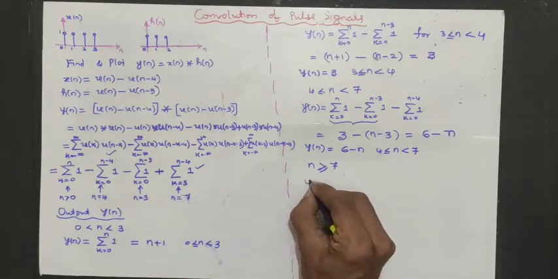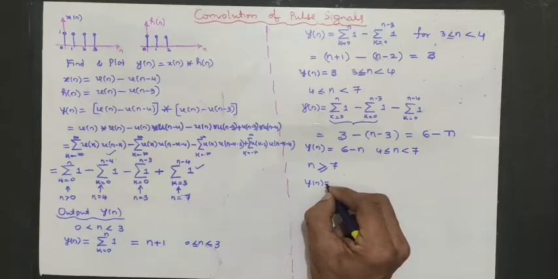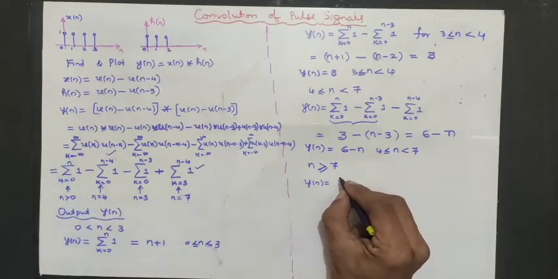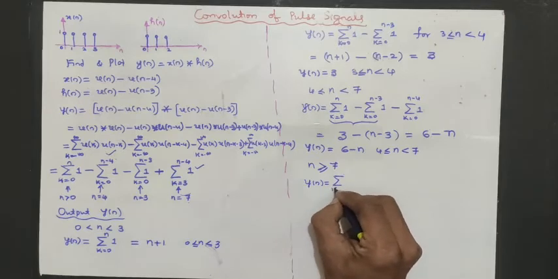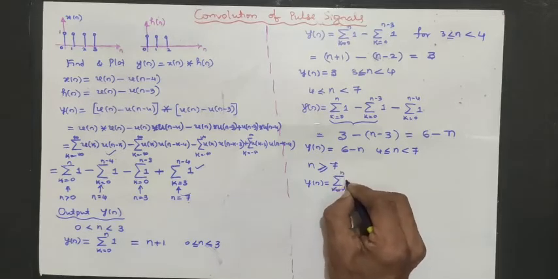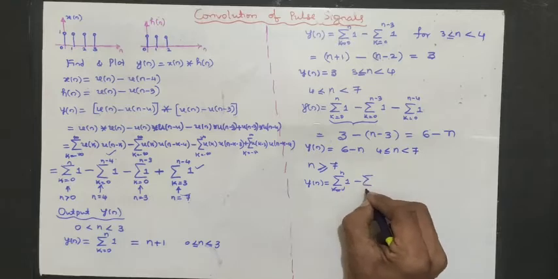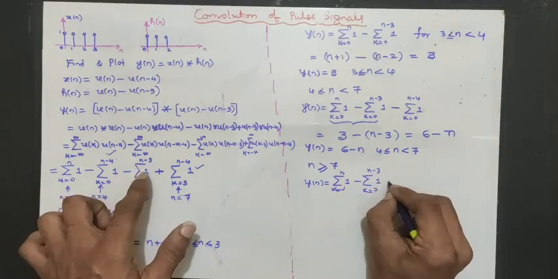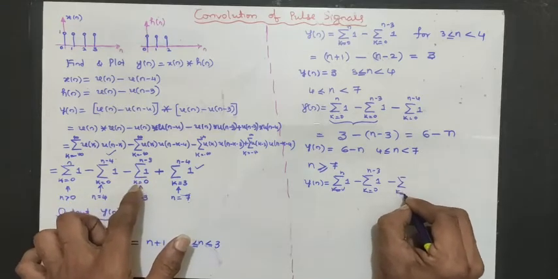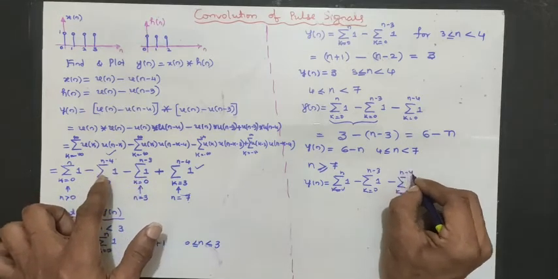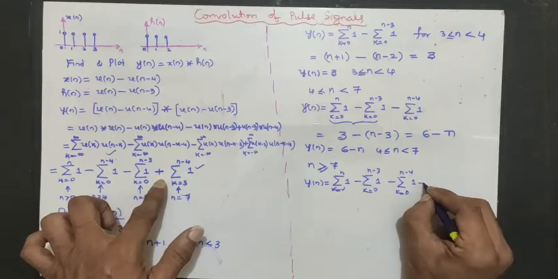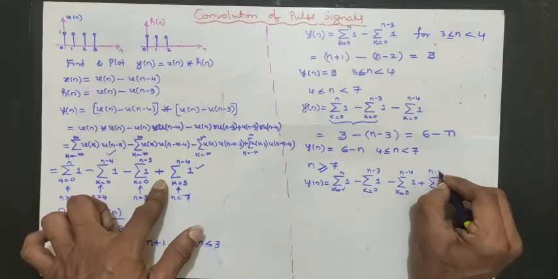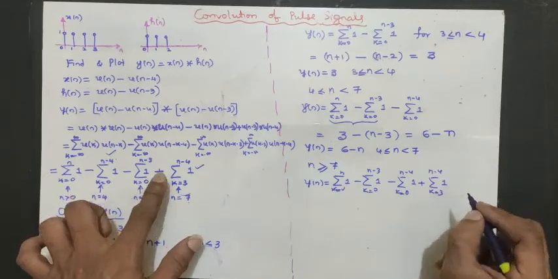Hence y of n becomes equal to all the previous terms, or I will write the complete equation: summation k equals 0 to n of 1, minus summation k equals 0 to n minus 3 of 1, minus summation k equals 0 to n minus 4 of 1, plus summation k equals 3 to n minus 4 of 1.